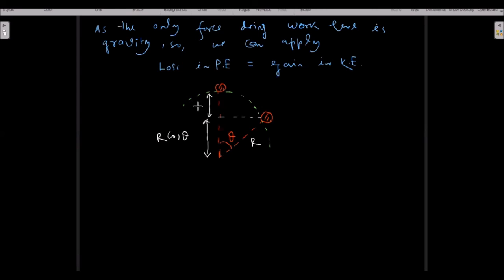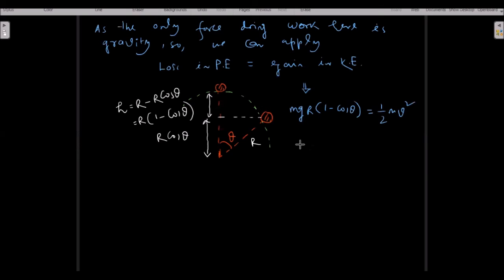So the height by which it has come down, h is equal to r minus r cos theta, that is r into 1 minus cos theta, right? So if I apply this over here, mg r into 1 minus cos theta is equal to half mv square. So from there, v square equal to 2gr into 1 minus cos theta.